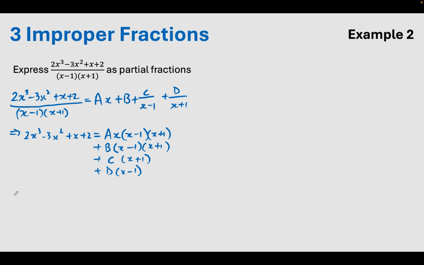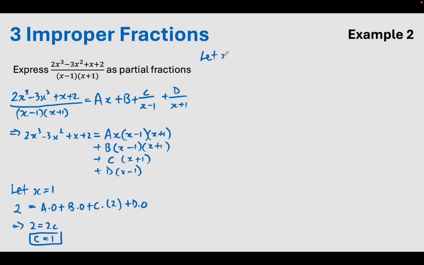Okay, so we use our normal tactic here, let x equal. If I let x equal 1, on the left hand side I get 2 equals a times 0 plus b times 0 plus c times 1 add 1, 2, add d times 0. So I get 2 equals 2c, so therefore c equals 1. Okay, we can keep going with this.